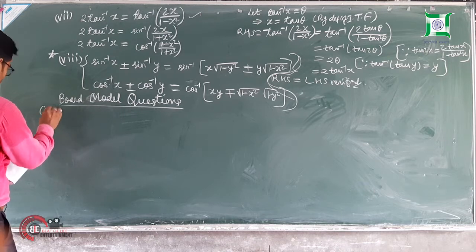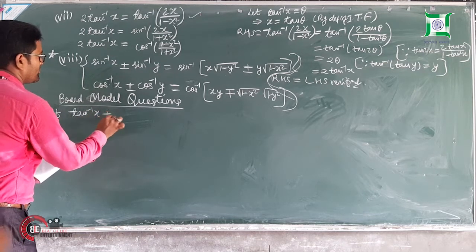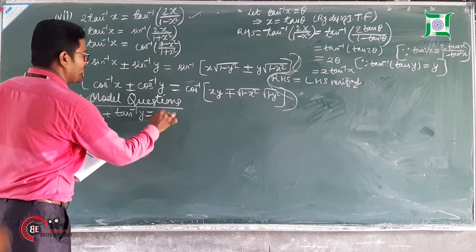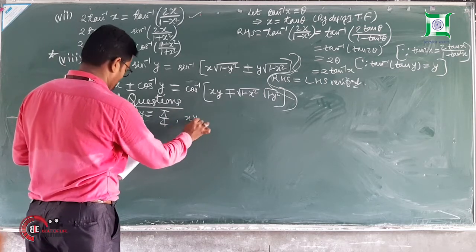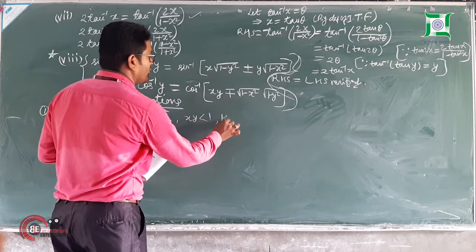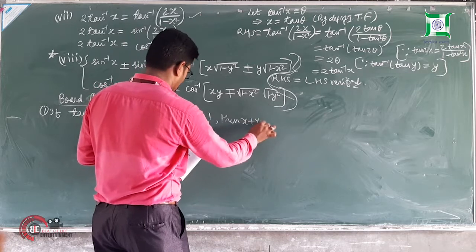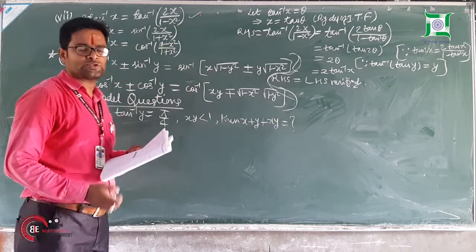First question: if tan inverse x plus tan inverse y is equal to pi by 4, given that xy is less than 1, then find the value of x plus y plus xy. That is the question.